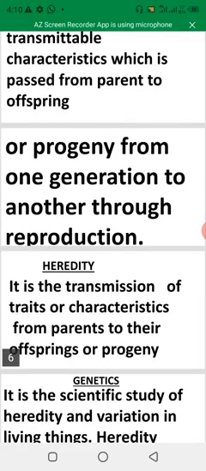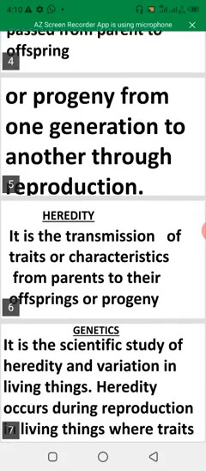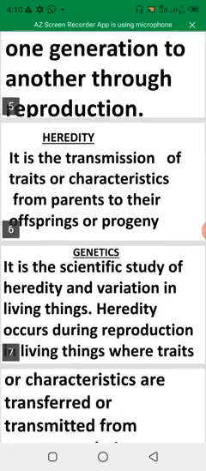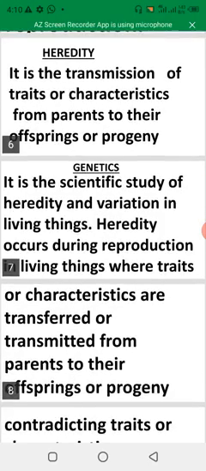Then heredity. This is the transmission of traits or characteristics from parents to their offspring. So the transmission of that trait is called heredity. Then genetics. Genetics is the scientific study of heredity and variation in living things.